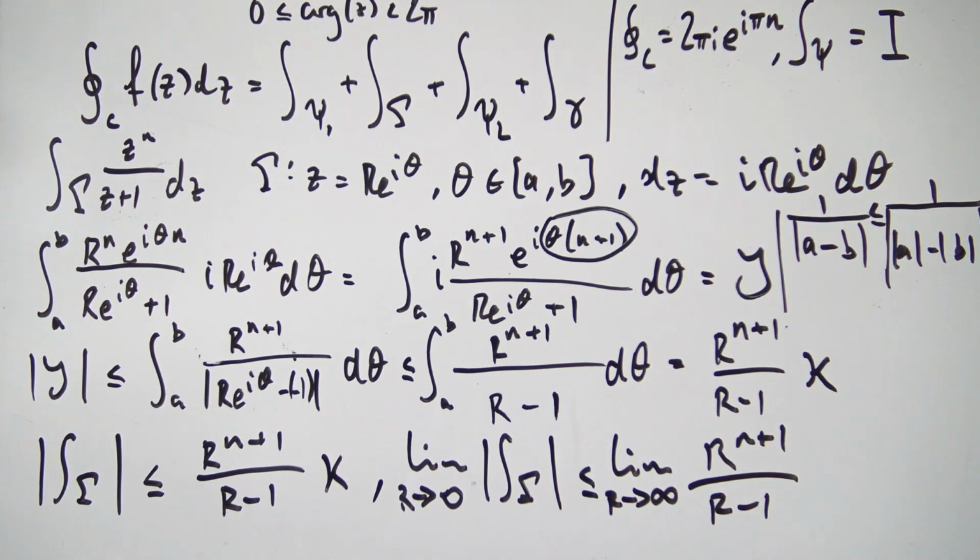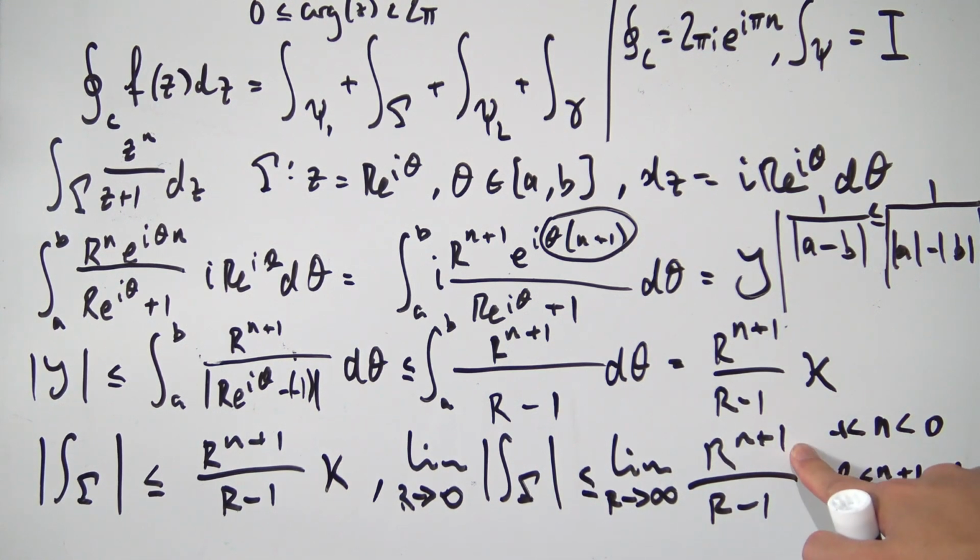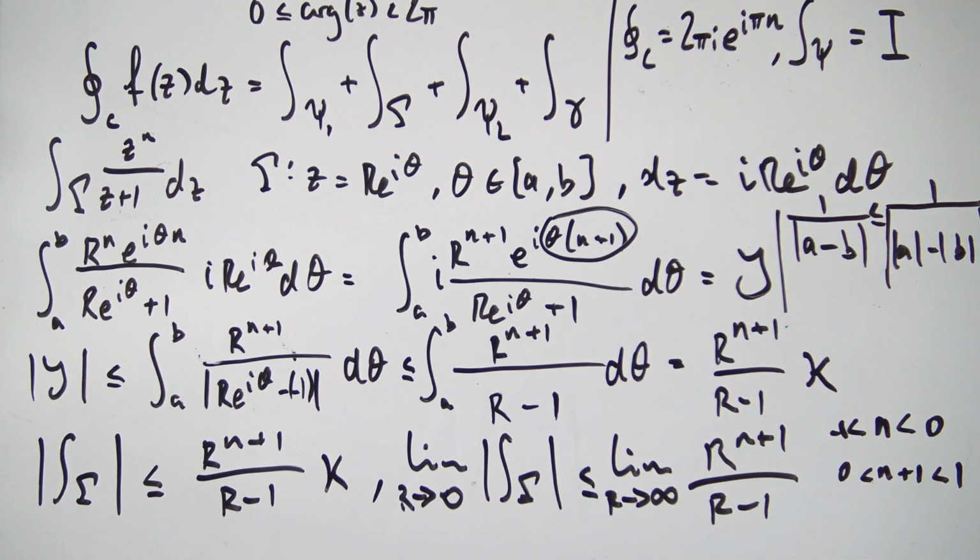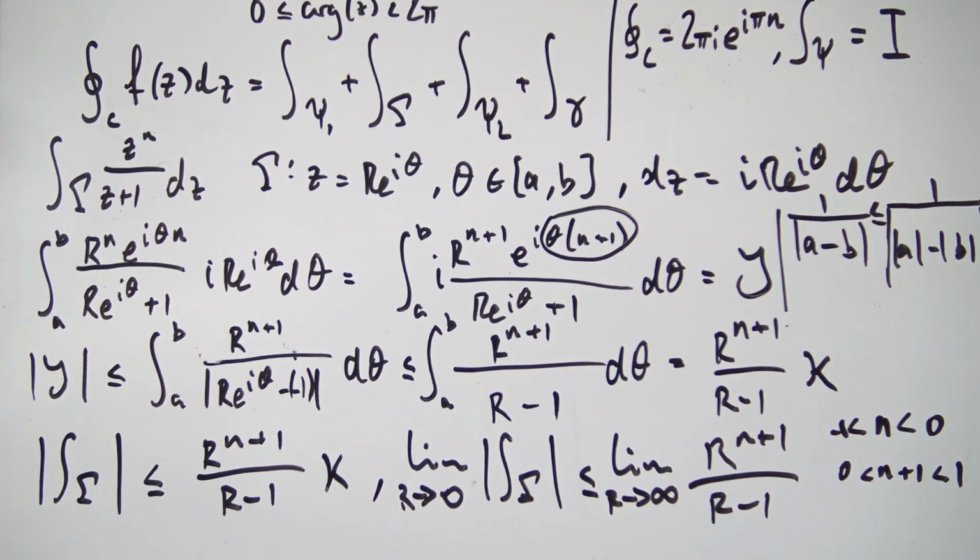And this limit right here, we actually need to use L'Hopital's rule, because notice n was between 0 and negative 1, which means that n plus 1 is between 0 and 1. So right here we have r to some positive real number, and if you take the limit on that, that's going to go to infinity. Taking the limit on the denominator, that's going to go to infinity as well, so we need to L'Hopital this a little bit.